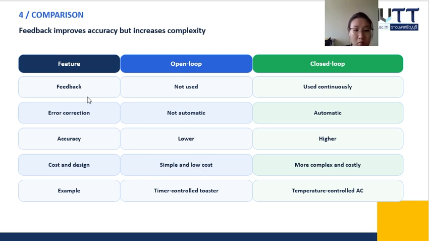An open-loop system has no feedback and cannot automatically correct errors. It is simple and inexpensive. A closed-loop system corrects errors automatically, provides higher accuracy, and rejects disturbances, but it requires sensors and is more complex and costly.